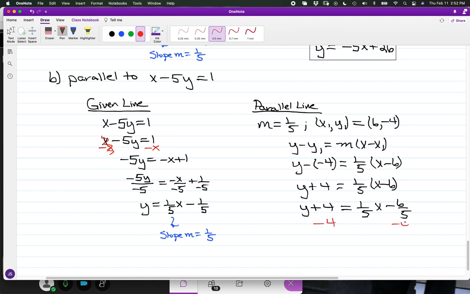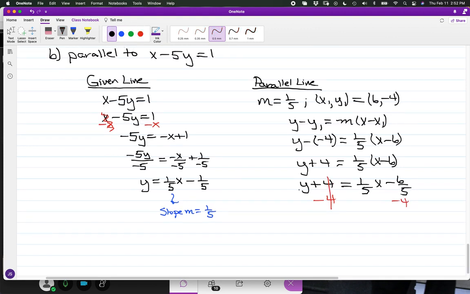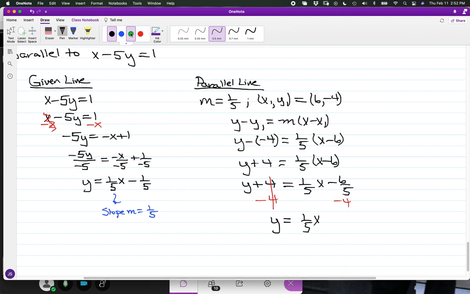And upon taking 4 away from both sides, y is equal to 1/5 of x. Now for negative 6/5 minus 4, I'm just going to mention it's like negative 6/5 minus 4 over 1.